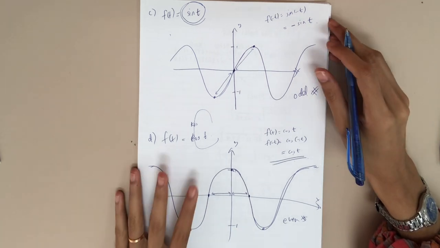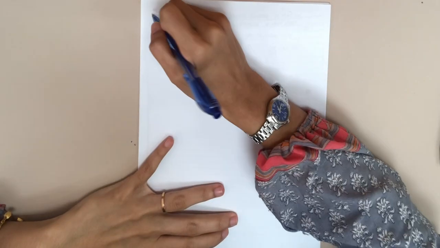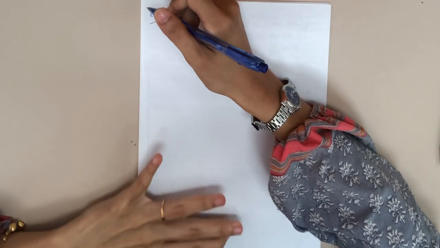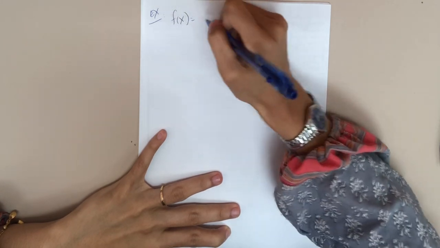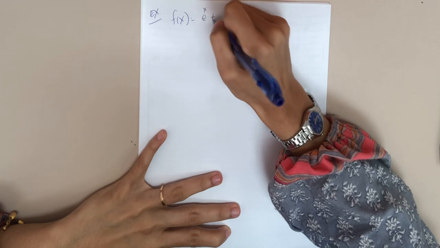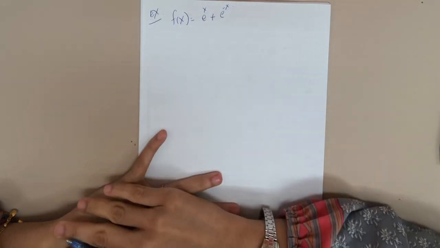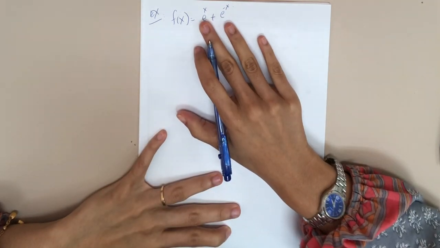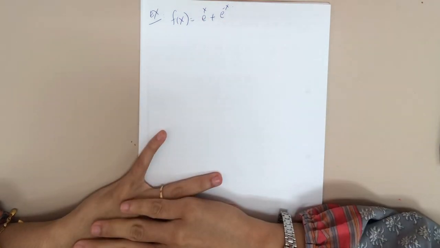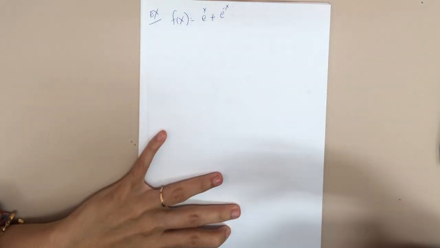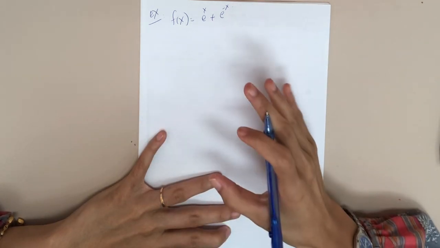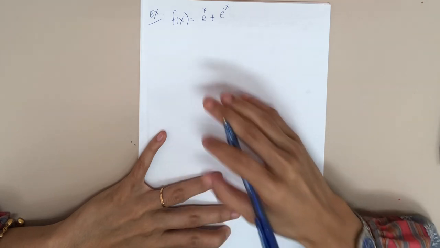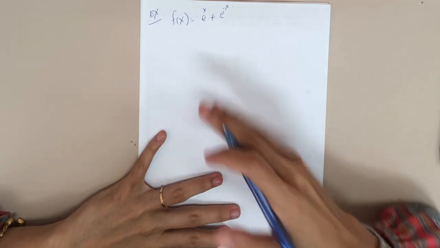Okay, class. I think I will give you one more example before we end our video now. Let's say you have f(x) equal to e^x plus e^(-x). For this one, I suggest you use the equation method. If you are familiar enough with the graph of exponentials, then you can proceed.